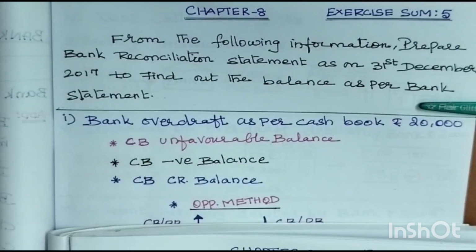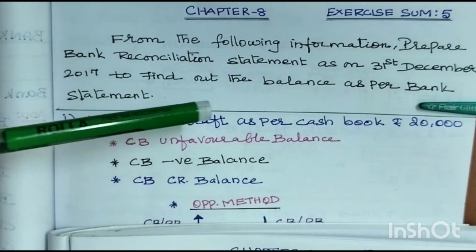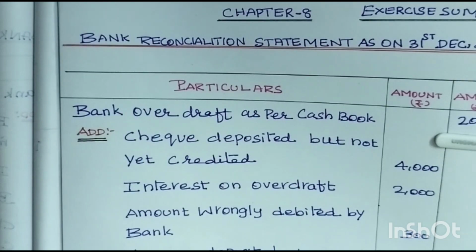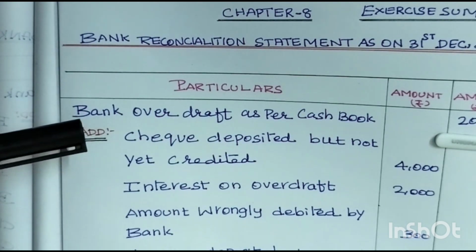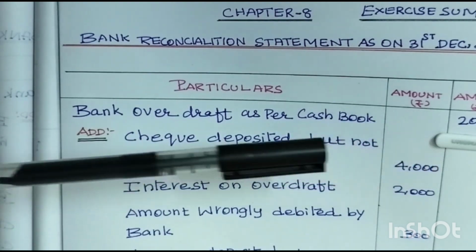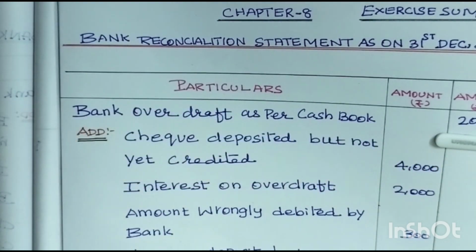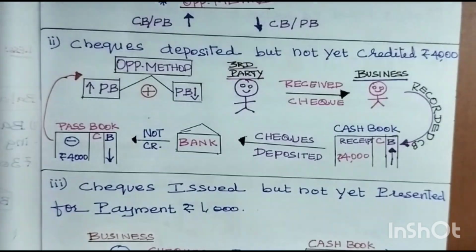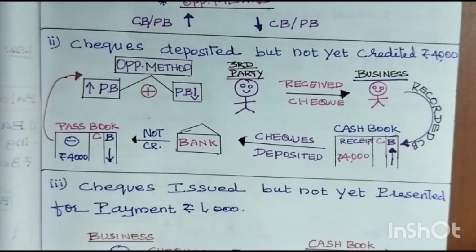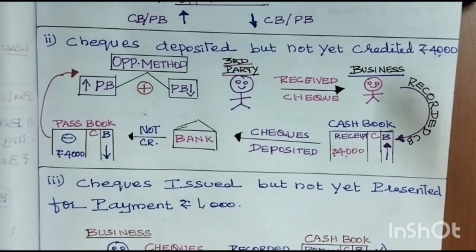What is given in the question: bank overdraft as per cash book is rupees 20,000. So you have to write bank overdraft as per the cash book, and 20,000 is to be entered in the outer amount column. We entered. Let's see the next transaction, that is checks deposited but not yet credited, rupees 4,000.